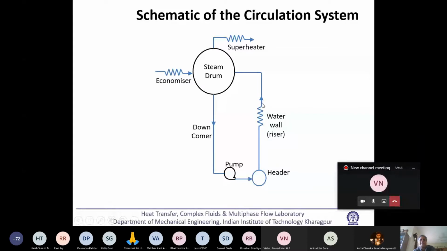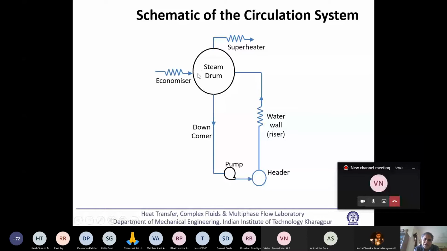So part of it, let's say almost 20% of the water going up, will get converted into steam. So a mixture of 20% steam and 80% water will go into the steam drum, which is a very big structure.